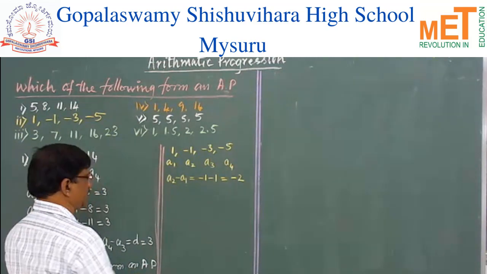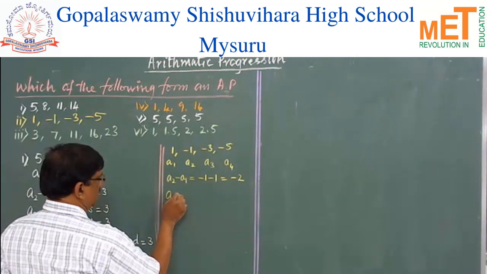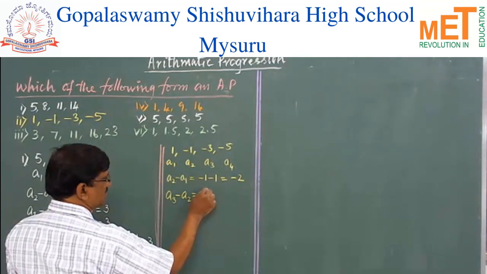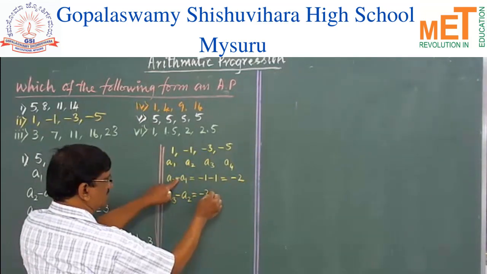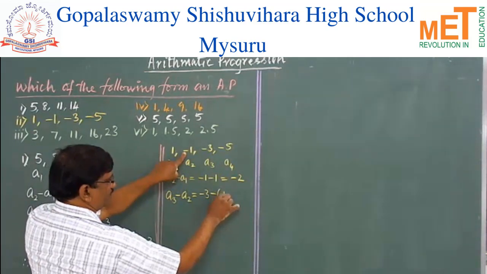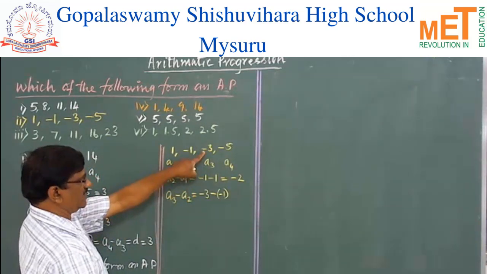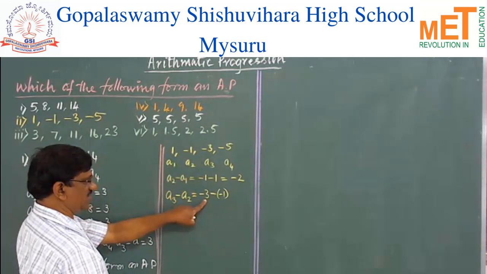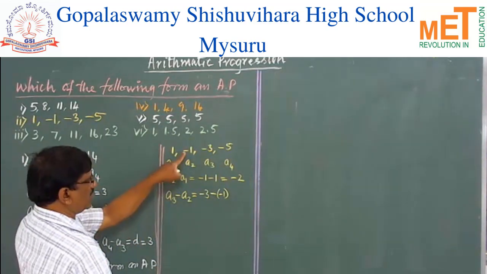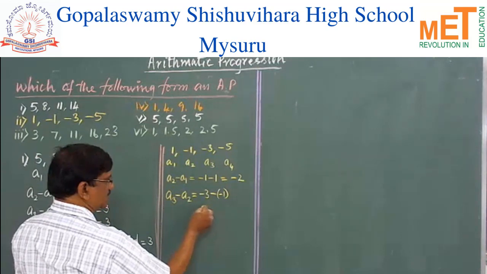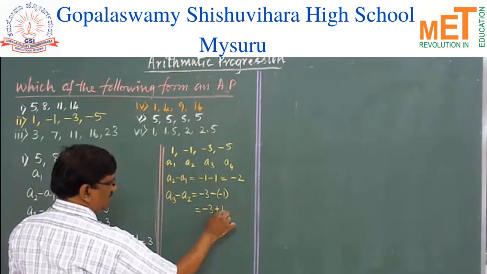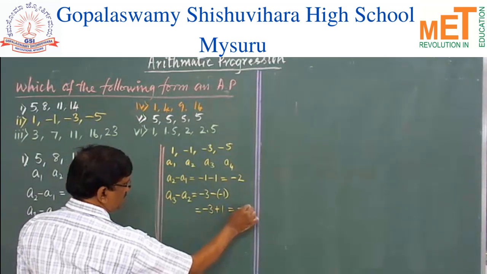Next, A3 minus A2, that is equal to minus 3 minus in the formula and minus in the term. Minus in the term, that is minus 3, minus in the formula into minus in the term. So it is minus 3 minus into minus plus 1, the difference is minus 2.